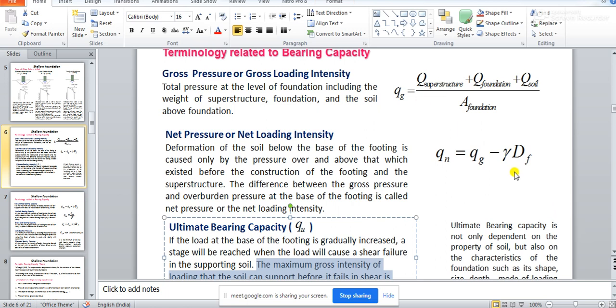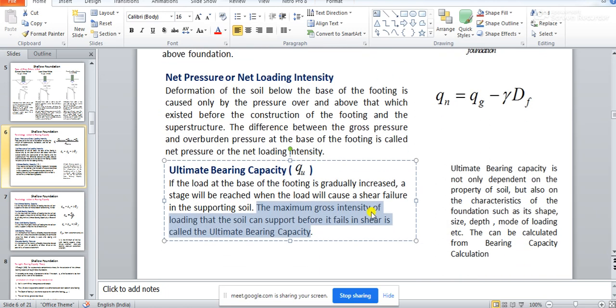So in such a case, whatever QG you get will be termed as QU, and that is called ultimate bearing capacity. The maximum gross intensity of loading that the soil can support before it fails in shear is called ultimate bearing capacity. Is it clear?